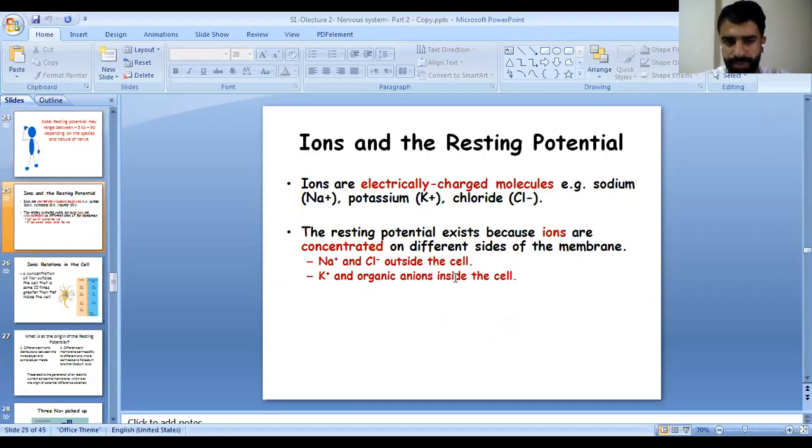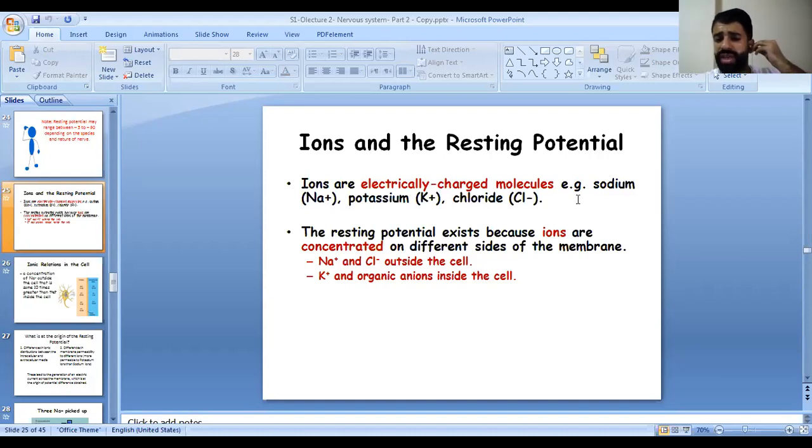Ions and resting potential. You know that we have anions and cations. Cations are positively charged, whereas anions are negatively charged. So ions are electrically charged molecules. Either they have a positive charge, like sodium, potassium, magnesium, for example, or they are negatively charged, like chloride, Cl minus, or oxide, O2 minus, and so on.